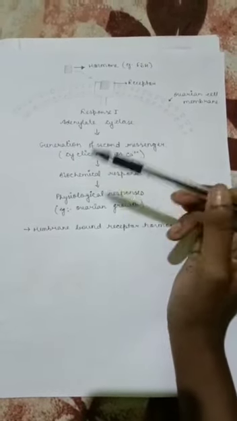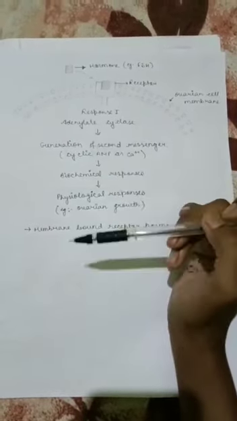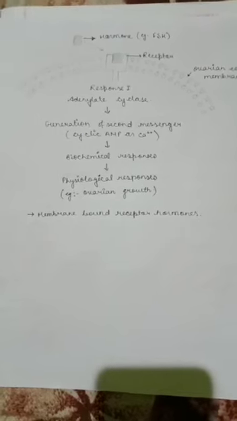They just produce a response and generate a second messenger called cyclic AMP, and the second messenger will activate the protein kinase, which will give a biochemical response, and this is the third messenger. And this biochemical response will lead to a physiological response: maturation of the Graafian follicles, ovarian growth.